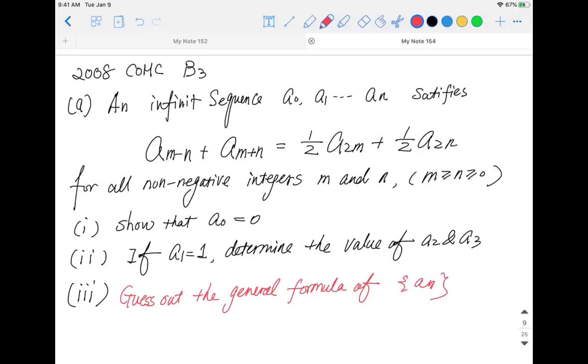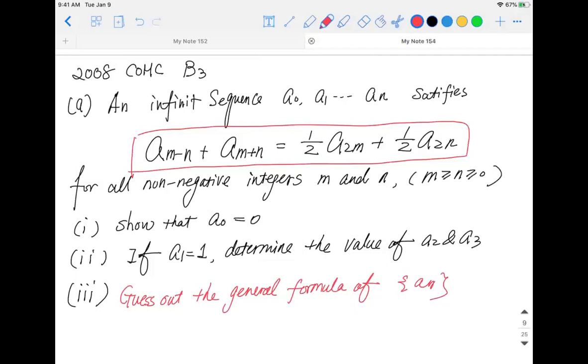You have an infinite sequence, A1, A2, all the way to AN, whatever, and I give you such a relationship. This relationship might be a little bit nasty. You might not see this relationship so often, but it doesn't matter. They can create as many relationships as possible, and there's no way for you to cover them all, right? So this relationship, who can tell me what kind of formula this is?